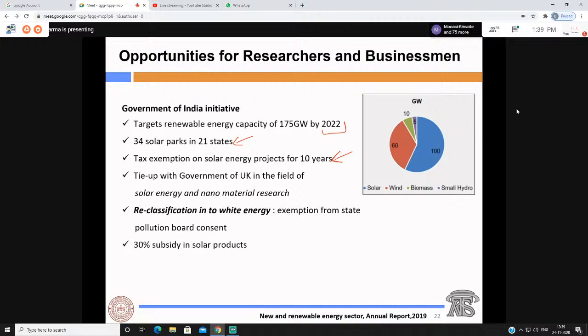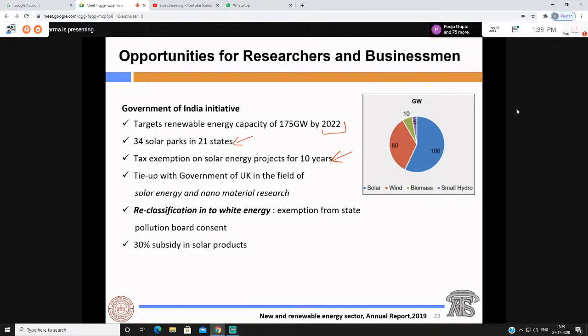The government has also tied up with different countries for advancement in material research and technology. You might have seen that if you purchase a solar LED bulb, it is much cheaper from government specialized shops, because the government is not imposing any taxes on it.